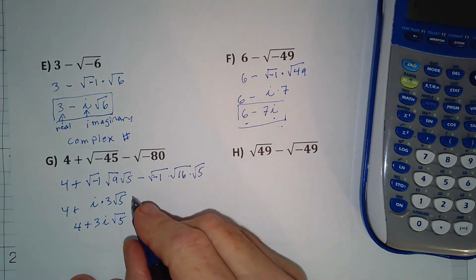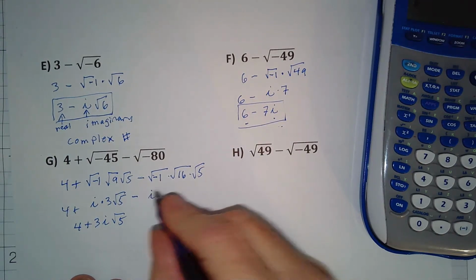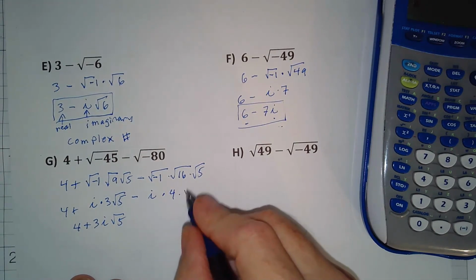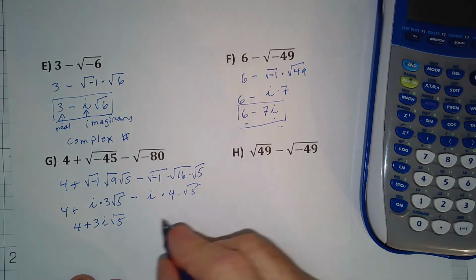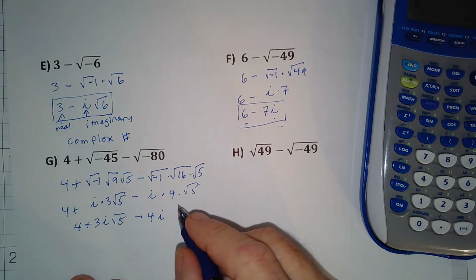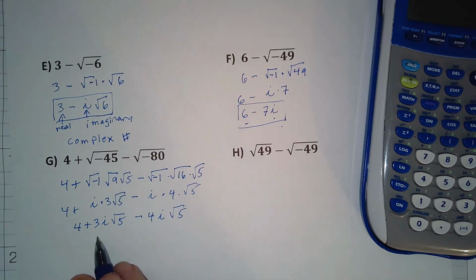And then over here I have the negative sign coming down. This is i. This is 4 times the square root of 5. So that would simplify as negative 4i square root of 5. Now, I've got 3i square root of 5 minus 4i square root of 5.